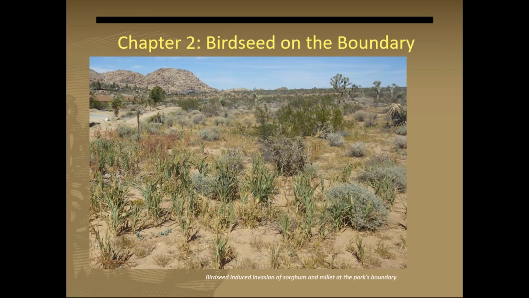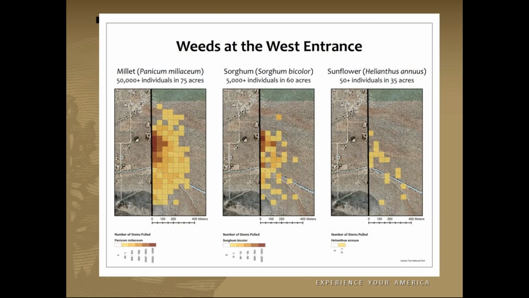And we went out and started taking a look, and pretty soon after that, we started seeing sorghum and another grass called millet coming up near the west entrance. What we did is we laid out this grid, and we walked across these grid cells, and we hand pulled these grasses and recorded how many were out there.